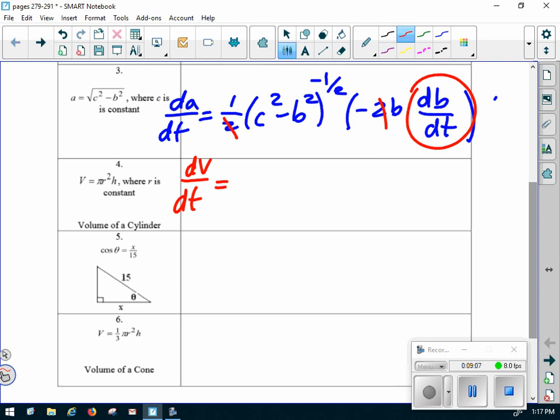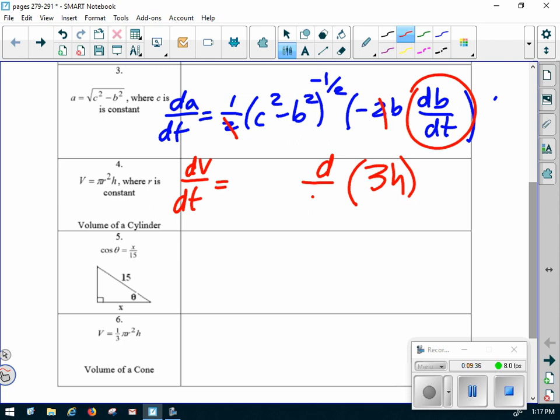dV dt equals. R is a constant, so r squared is a constant. So it would just be h, or 1? 0. What if it was 3h?